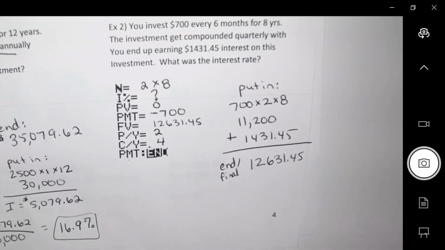Okay? So don't put interest in there. I think we talked about this yesterday. It's still on the board. Remember, your final is always your start plus your interest. Your interest is your final minus your start. Okay, we could go either way.